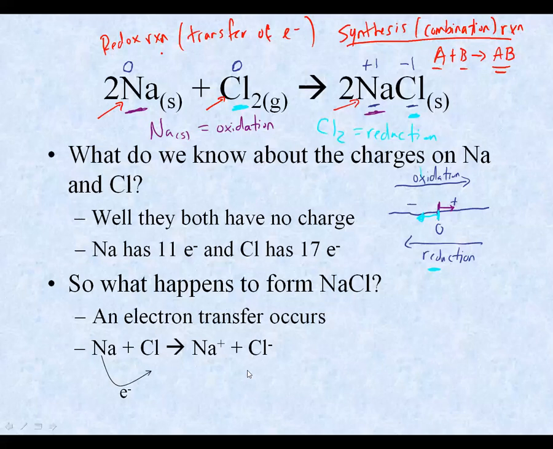So this one, most often, if you had to classify it in a chemistry class, would probably be classified as a synthesis or combination, much like the experiment that you guys did on Monday. You saw the video for that type of reaction. But the big classification of where that synthesis reaction would fall under is still a redox reaction because we have a transfer of electrons. Any questions on that there?